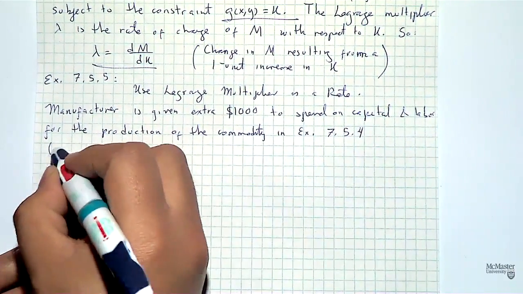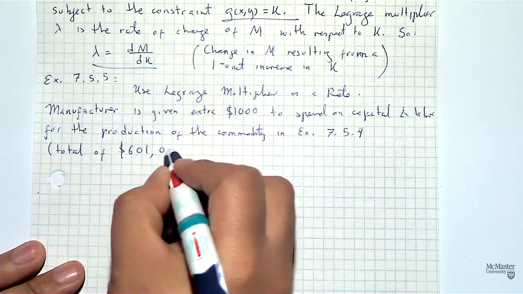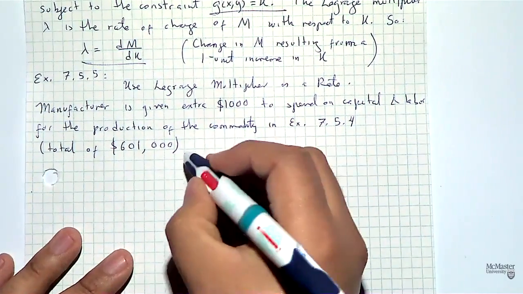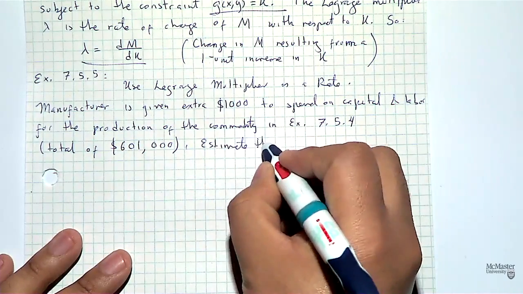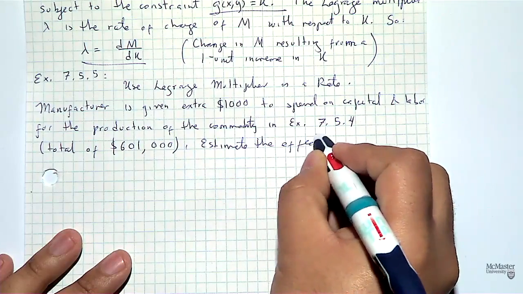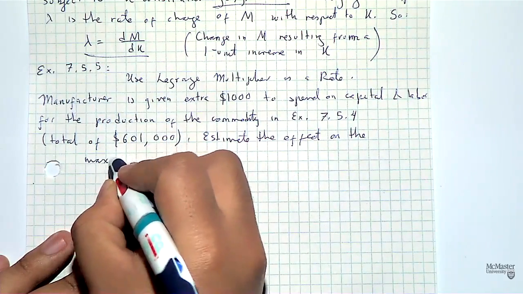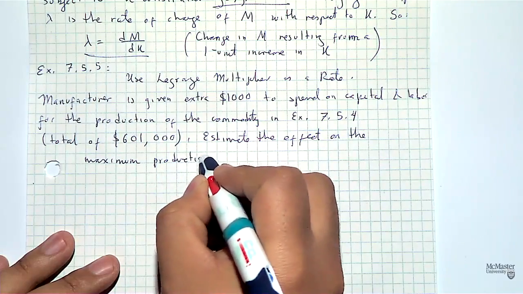And if you think about it, basically you have a total of 601,000. And now what you have to do is to estimate the effect on the maximum production level.